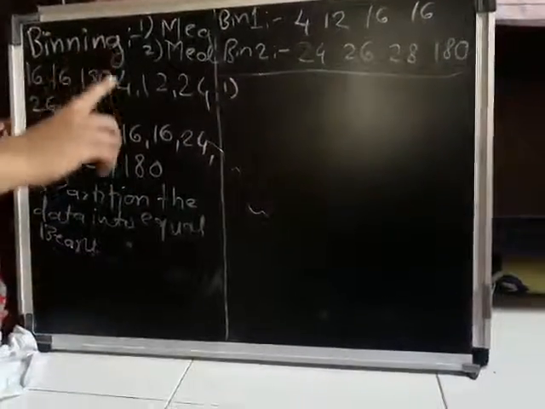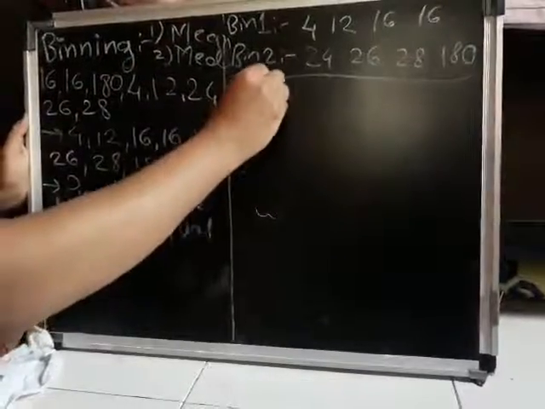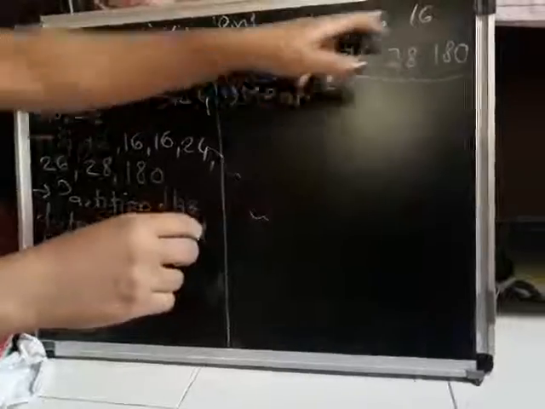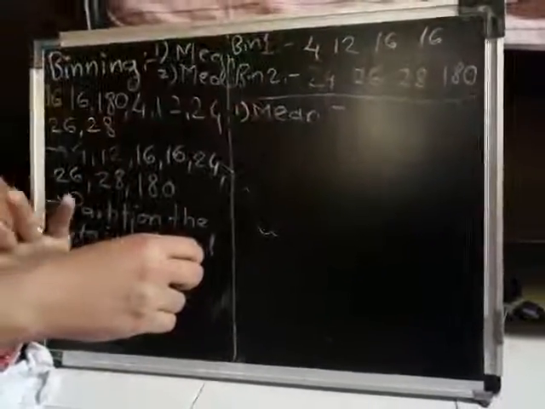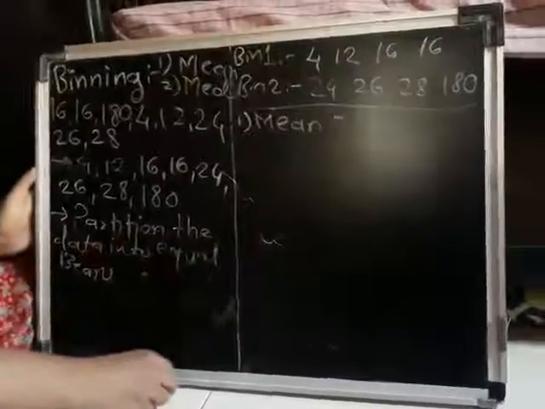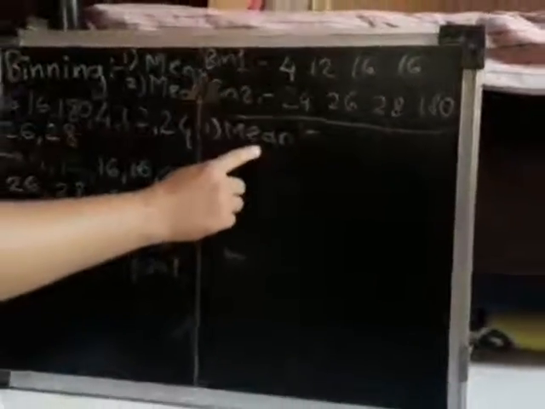So the first step is to calculate, or smooth the data by using the mean. So how to calculate the mean? Right? Mean is nothing but the addition of these 4 numbers divided by 4. Why 4? Because I have a total of 4 elements over here. Whatever mean we calculate, replace the elements in bin 1 by that mean.